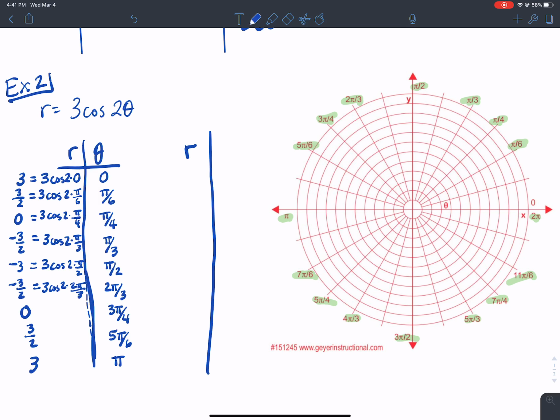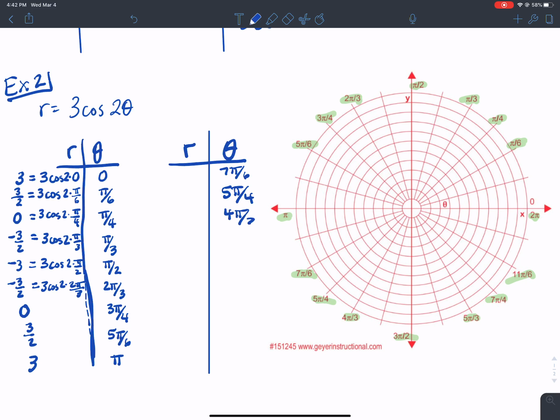And now let's look at what we're going to have from the bottom half of our unit circle. So 7 pi over 6, 5 pi over 4, 4 pi over 3, 3 pi over 2, 5 pi over 3, 7 pi over 4, 11 pi over 6, and then 2 pi.